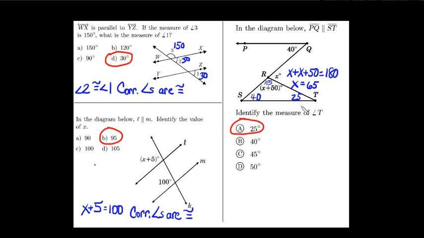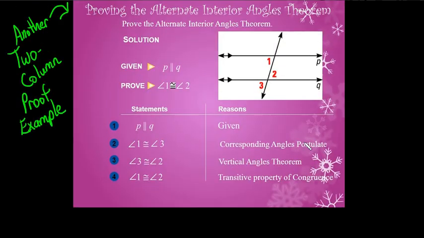So when I put 115 and 40 together and took it away from 180, I was left with 25. So you will see some problems like this in the future where you have to use all of your information to figure out different angle values.